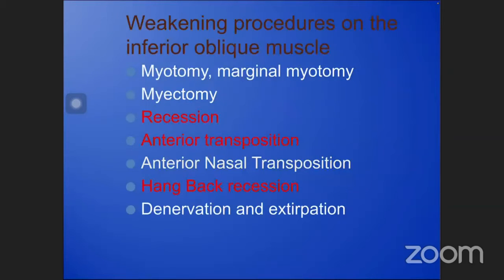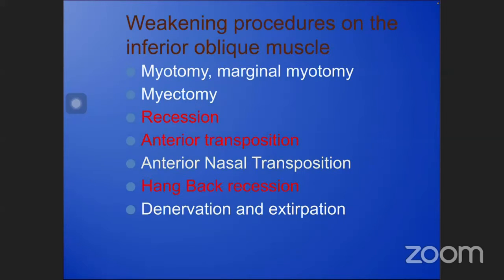So various weakening procedures on the inferior oblique muscle are myotomy, marginal myotomy, myectomy, recession, anterior transposition, anterior nasal transposition, Hangback recession, denervation, and extirpation. However, recession, anterior transposition, anterior nasal transposition and Hangback recession are used commonly.